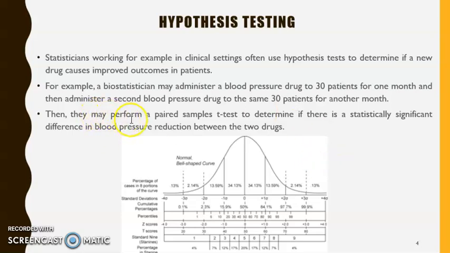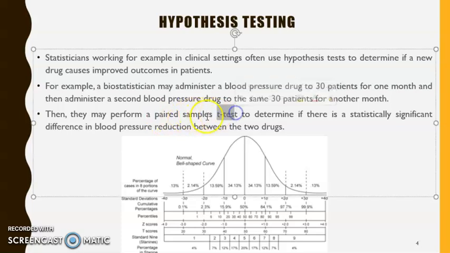Then they may perform a paired sample t-test. Again, in statistics, we have many tests. And here it's one of the most famous ones, the t-test, to determine if there is a statistically significant difference in blood pressure reduction between two drugs. If there is a significant difference, and again, the definition of significant difference is very determined, very specified in statistics.